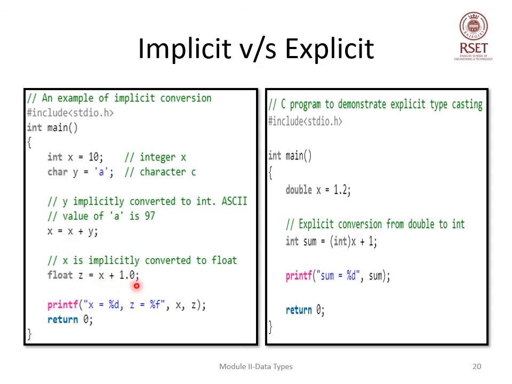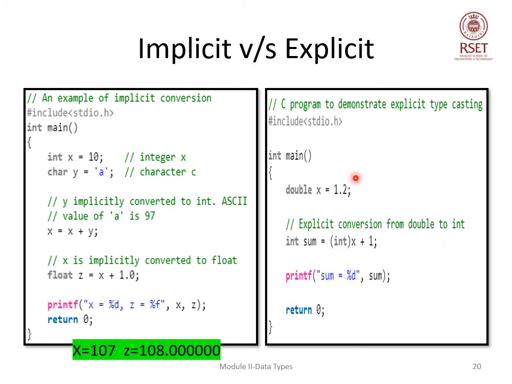x plus 1.0. So x is int now. Since it is the conversion to a higher data type, it is done automatically, and the result is 107 and 108.0000. How has the type conversion happened here? Okay, implicit type conversion has happened.